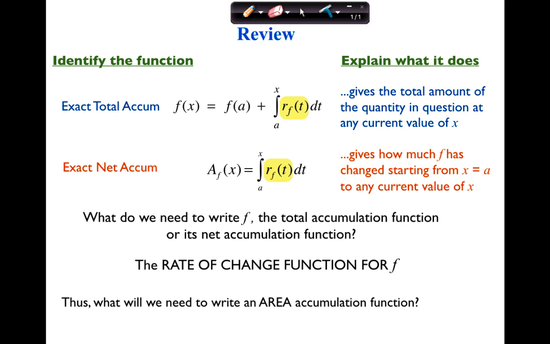Agree with that? Exactly, right. We need the rate of change of area. If we have the rate function for area, then we can just write it down because we know what net accumulation is if you know the rate. That was the endeavor, right? You know how fast something is changing at every moment. You want to know how much you have at every moment. So if we want to know how much of what we have, it requires knowing the rate. And once we know the rate, we can just write down the function.